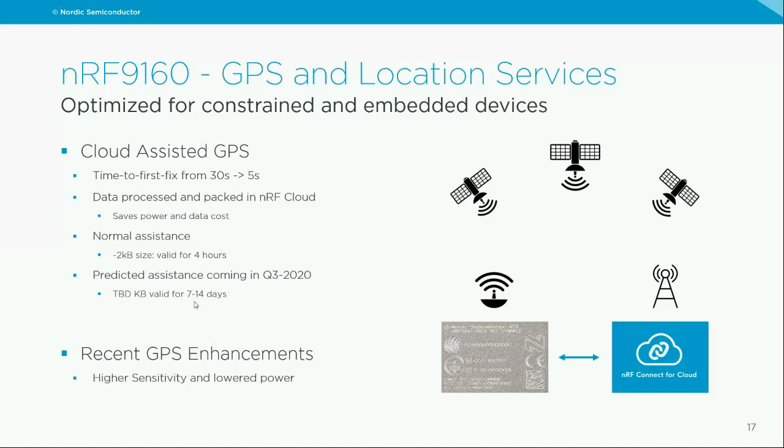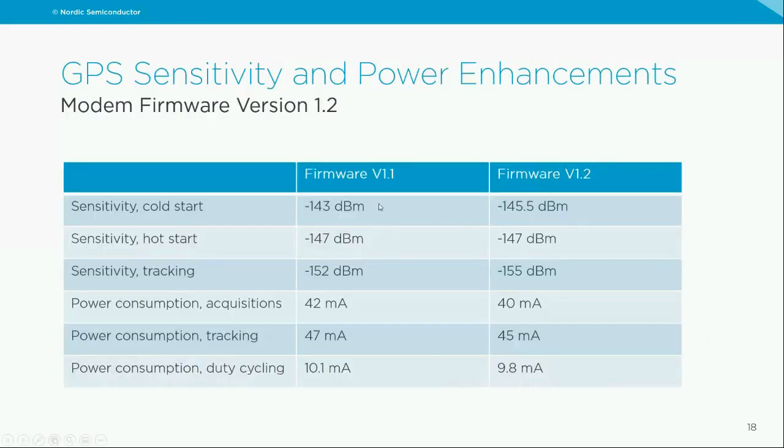We have also recently done core enhancement to the GPS to improve the sensitivity and lower power. We released our modem firmware 1.2 version now in Q2. So we have improved the sensitivity for cold start up to -145.5 dBm. We have also improved our sensitivity for tracking to -155 dBm.